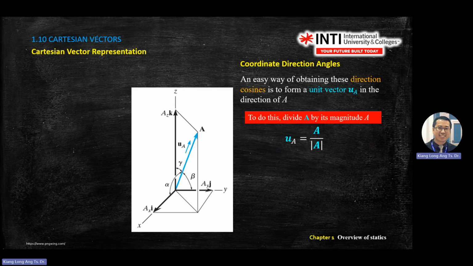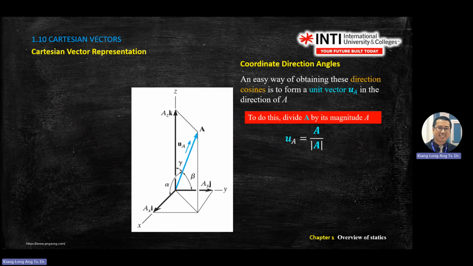How to find the magnitude? Square root of AX squared plus AY squared plus AZ squared. You take the vector divided by the magnitude, and you get UA, which is the direction of that vector. This is for a three-dimensional question.